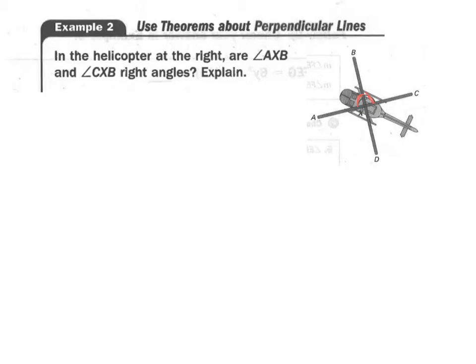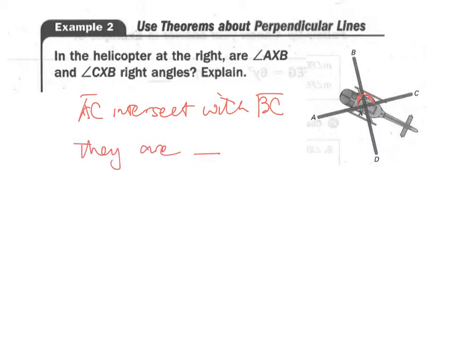So if you recall 3.3, by Theorem 3.3, AC intersects with BD, and they are perpendicular, forming four right angles.